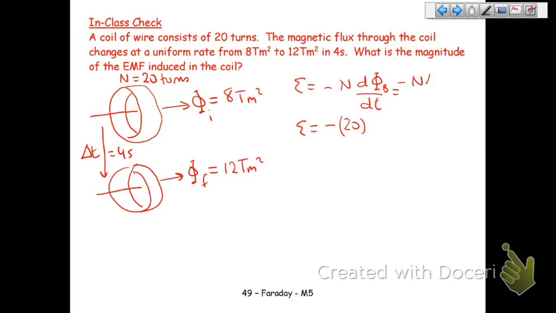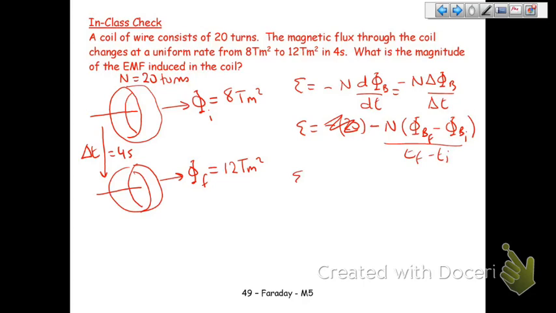Minus N. If things stay at a constant rate, then I can do the time averaging thing, so I can make it delta phi B by delta t. And I'm going to do one more step, which equals minus N times phi B final minus phi B initial over my delta t, I suppose t final minus t initial.